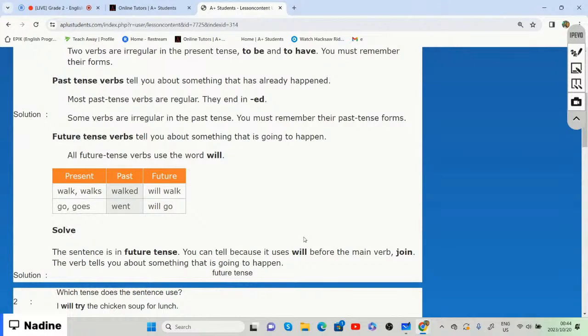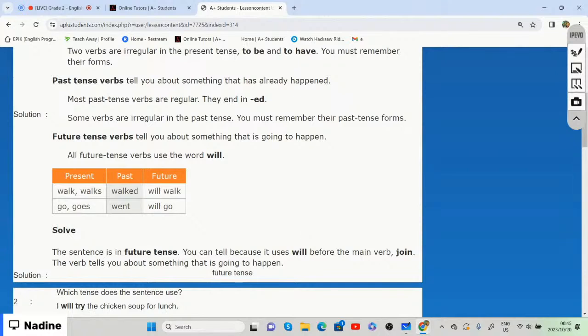We said that all future tense verbs use the word will.